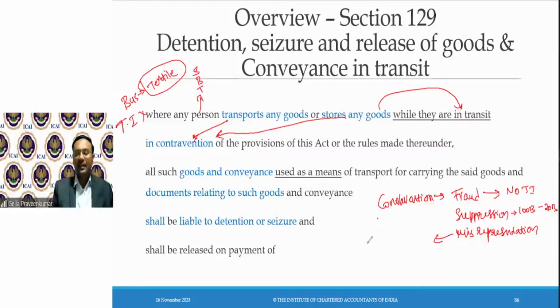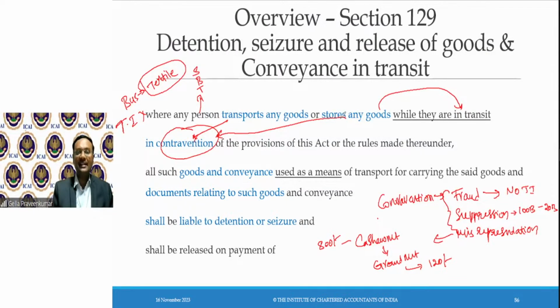I have packed cashew nut, but I have declared this is groundnut. Assuming cashew nut costs 800 per kg, whereas groundnut costs only 120 per kg. Now, there is a misrepresentation. So, when any of these three elements occur, I call this a contravention.